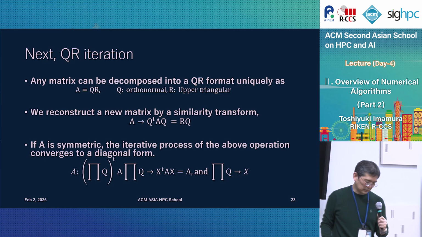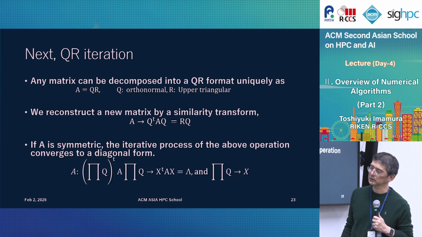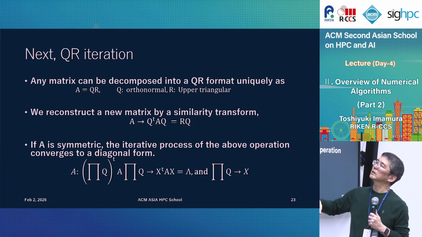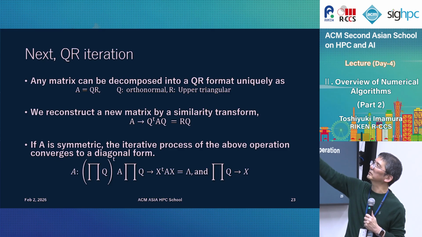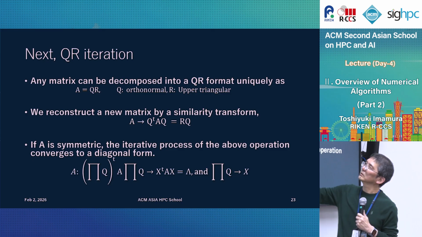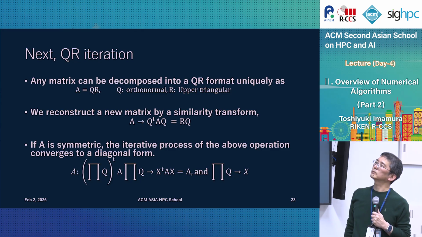This is true, and we can uniquely decompose any square matrix. But this is not limited to square matrices. Any shape of matrix can be decomposed into an orthonormal matrix Q and an upper triangular matrix R.